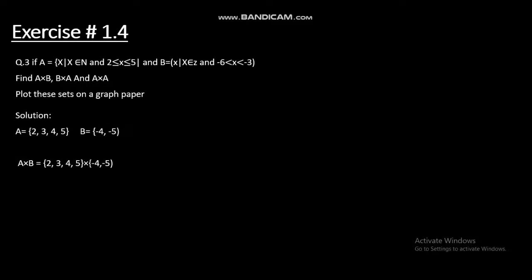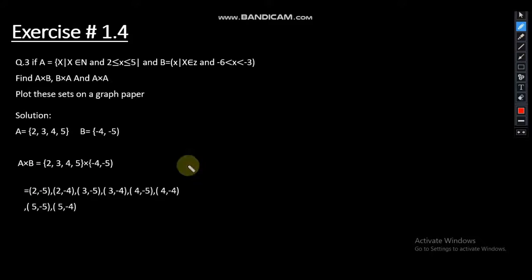Now we can cross multiply. We multiply both these sets, A multiplied by B. We multiply in this form: 2 into -4, and 2 into -5, and 2 into -4, which is also the same.